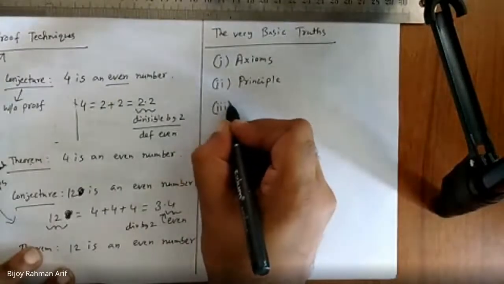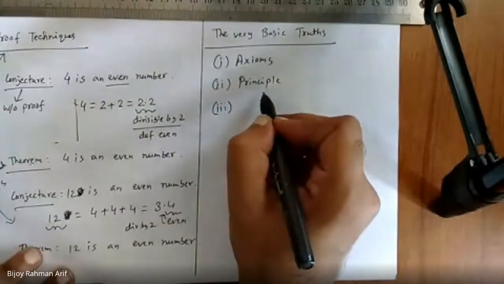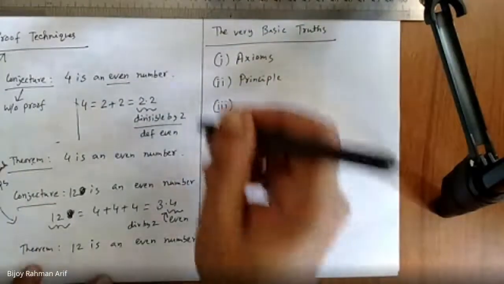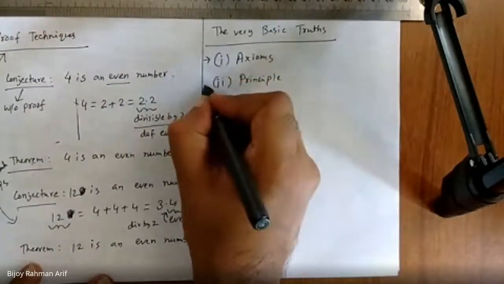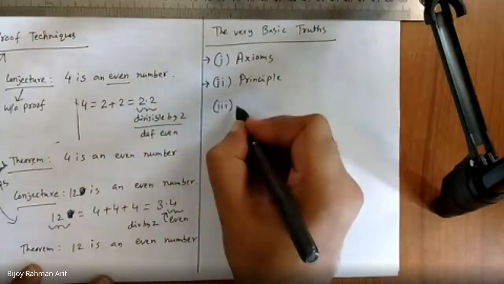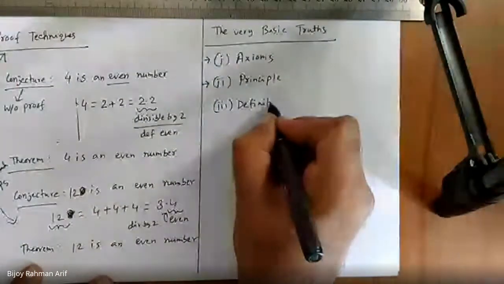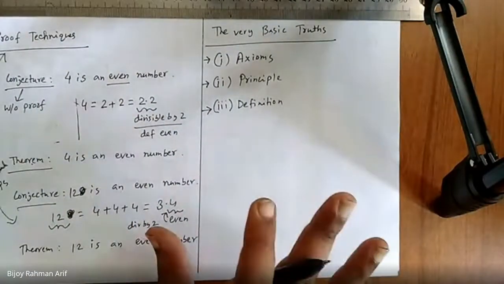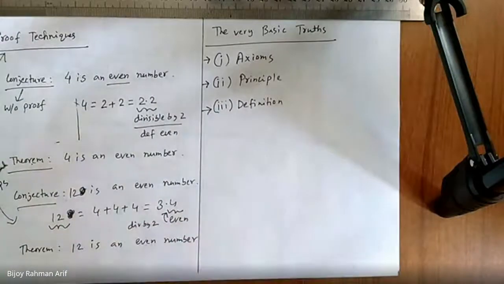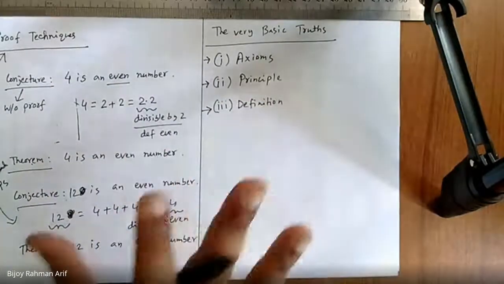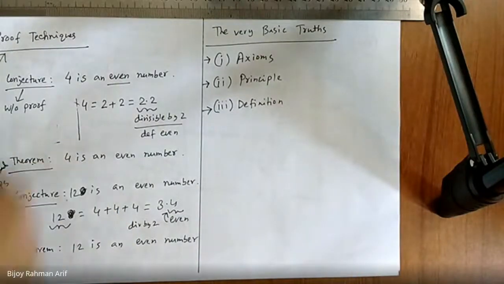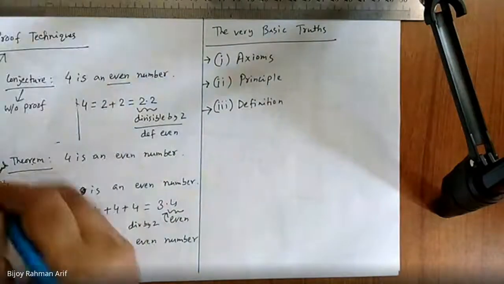And the third is called definition. These three things, we can never prove: axioms, principle, definition. But those things are always considered true throughout these jumps. Those are the self-evident truths. Did you get it?